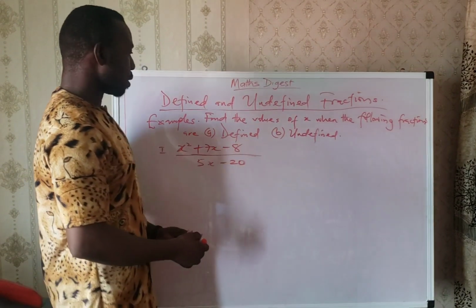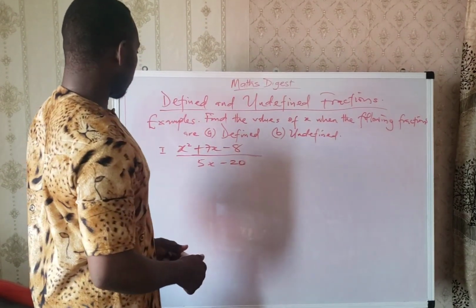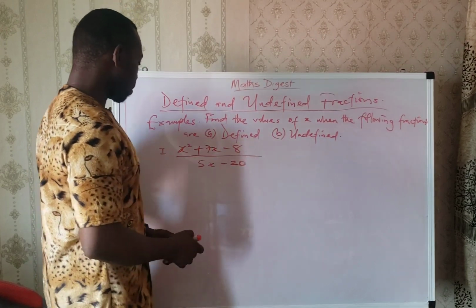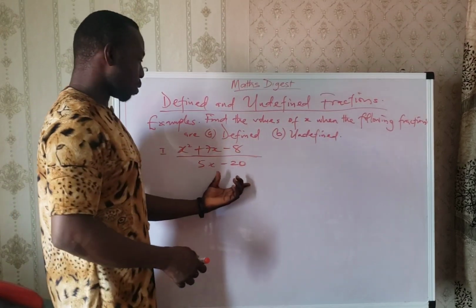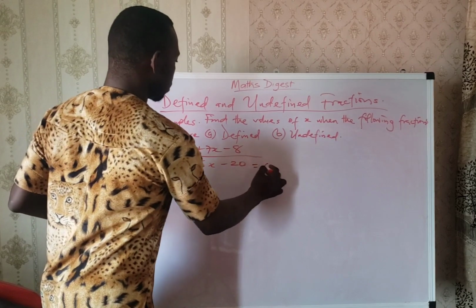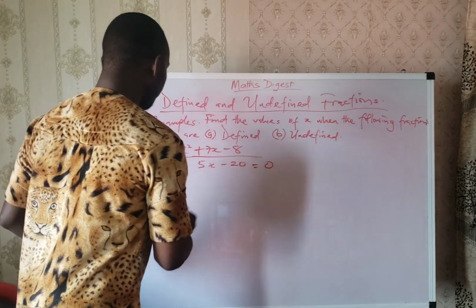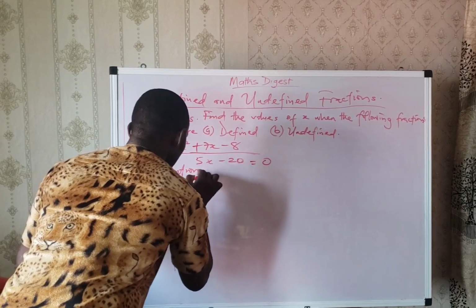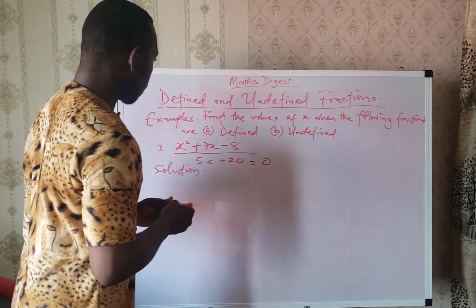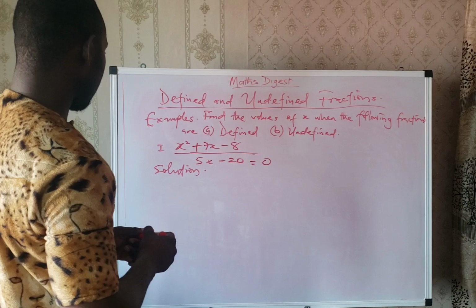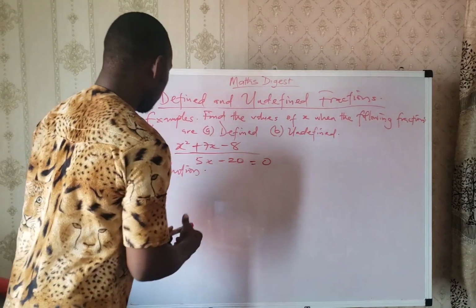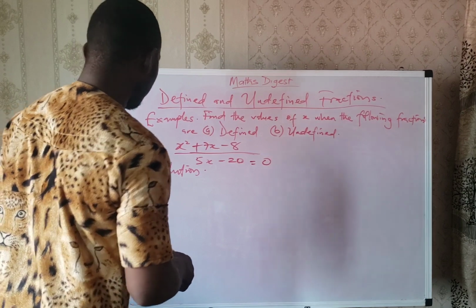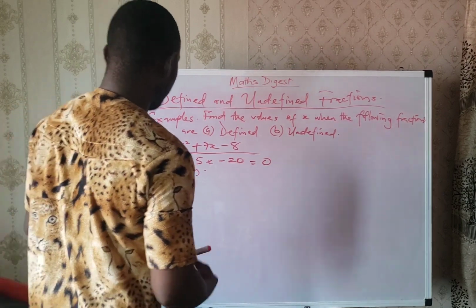The second one says when the equation, the fraction is what? Undefined. That is when the denominator is what? Equal to 0. Alright. So this we say solution. Okay, this is by normal expression.